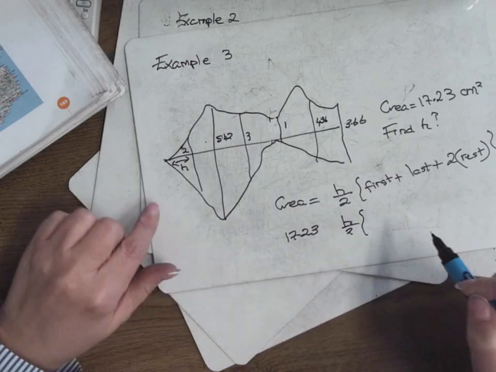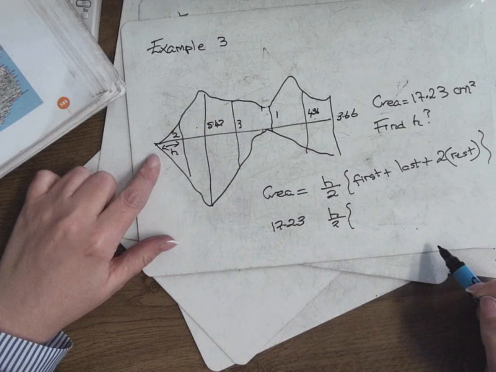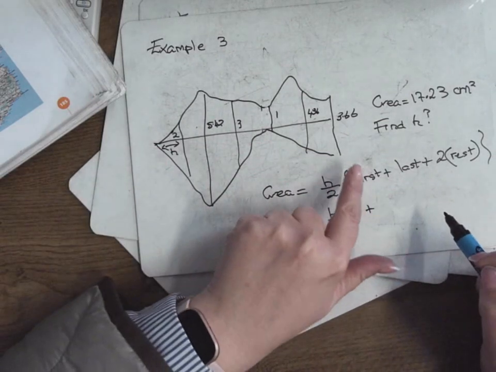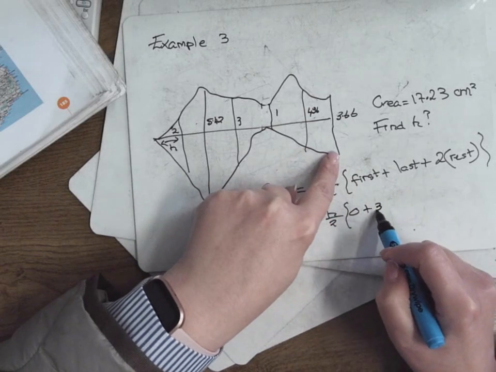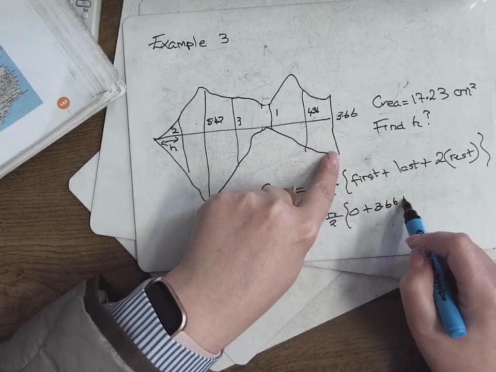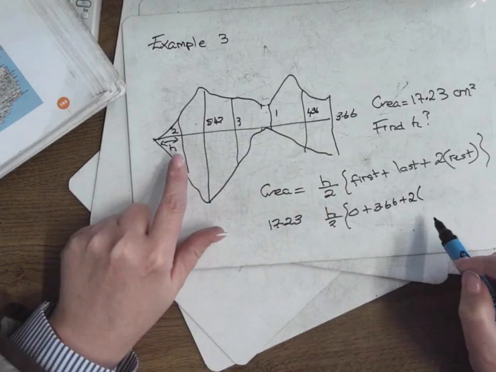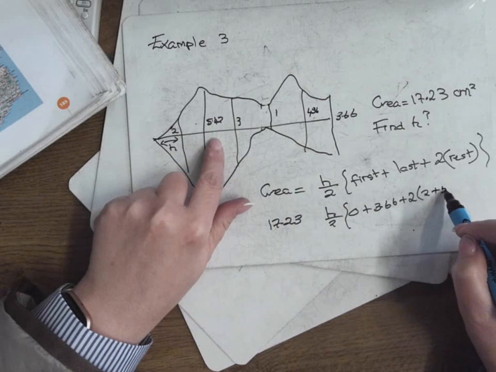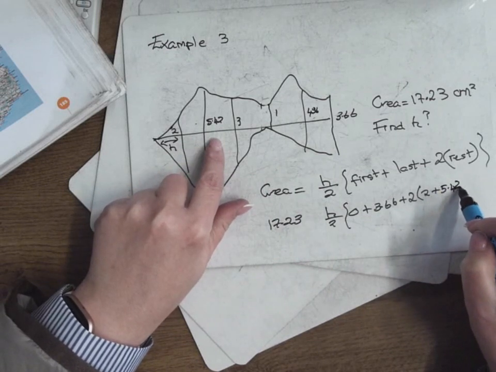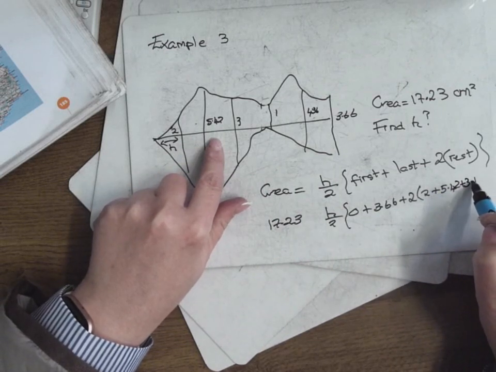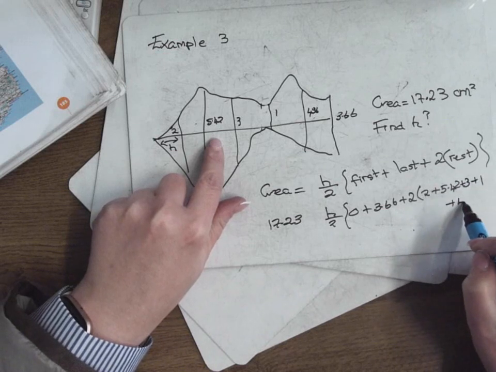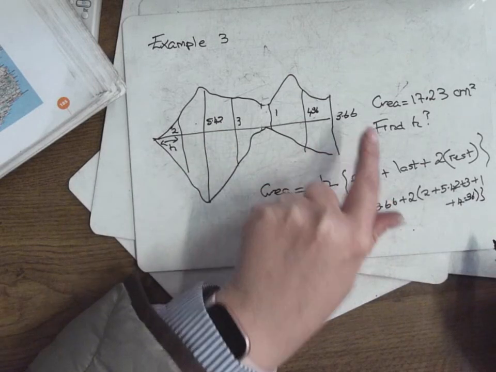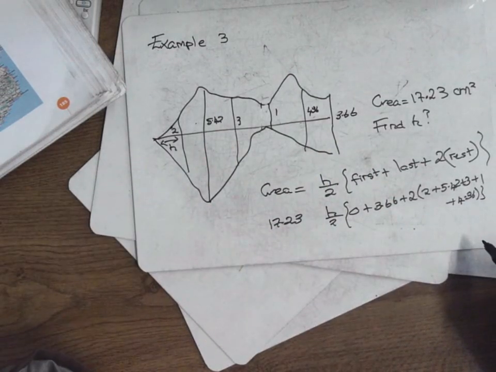Right? First, what does the first measure? 0. What is the last measure? 3.66 plus twice the rest. So this one measures 2, then this is 5.42 plus 3 plus 1 plus 4.36, and that 3.66 is gone in already as the last, so don't put it in again.